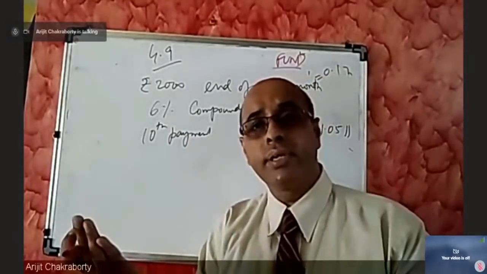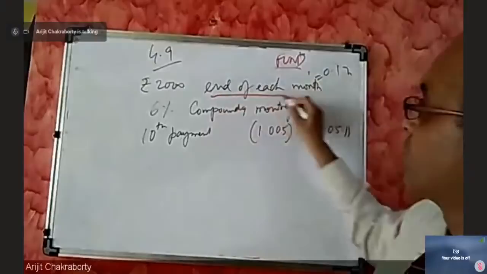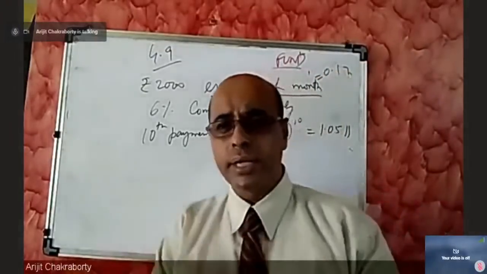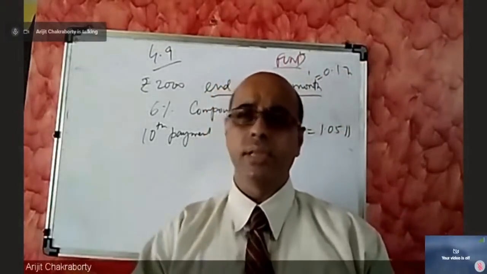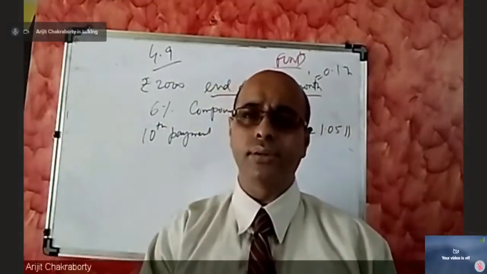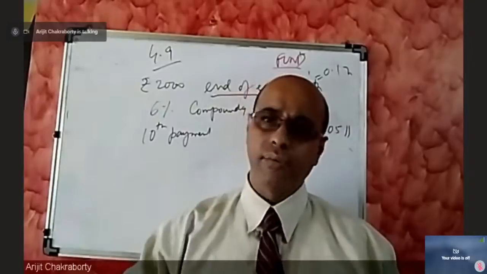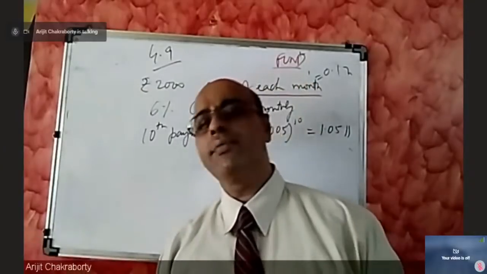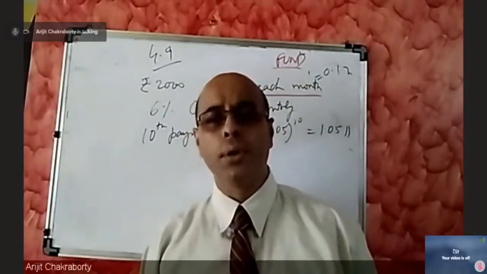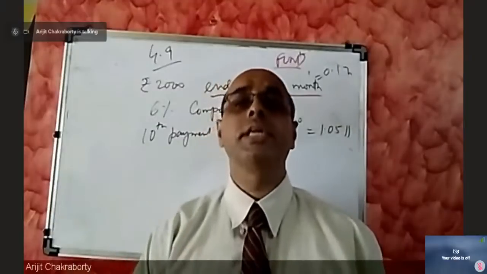So the hint is given. End of each month. Every month, 30th of Jan, 28th or 29th of Feb, 31st of March, 30th of April. So at the end of each month. Right? End of the month, end of the period means we know it is an example of annuity regular.